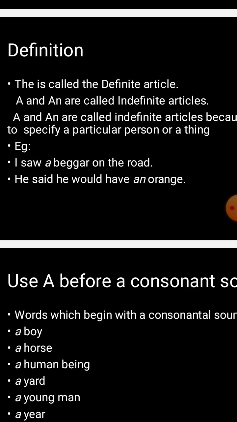They are called indefinite because they do not specify. For example, I saw a beggar on the road. Another one, he said he would have an orange.